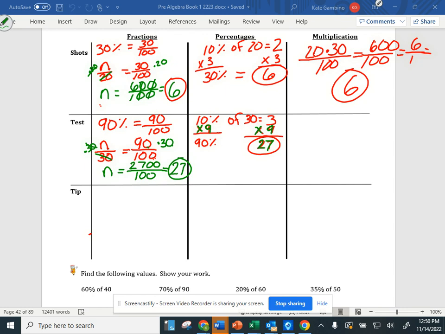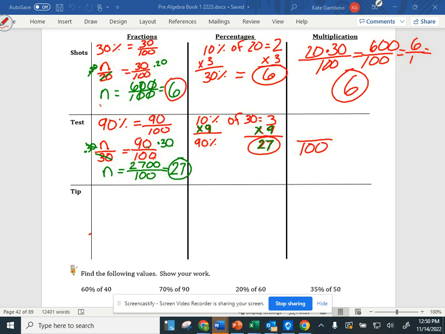So remember, when we're working with our percentages, we want to break it down to that 10%, so then we can easily multiply up to what we need to. So let's look at our last way, multiplication. So the test was worth 30 points, and she got a 90% out of how many? 100, right?